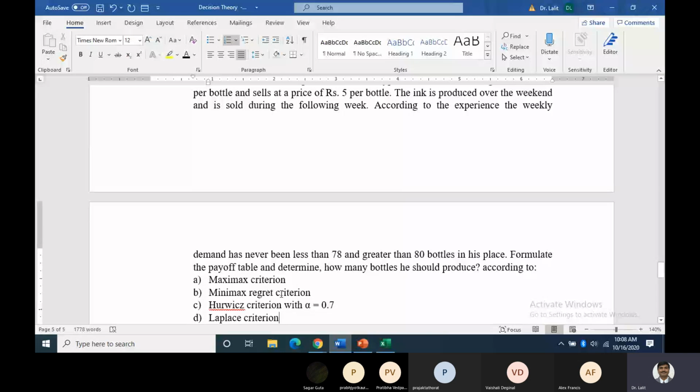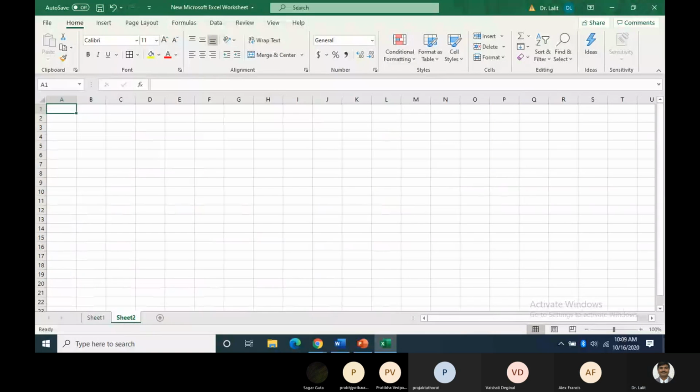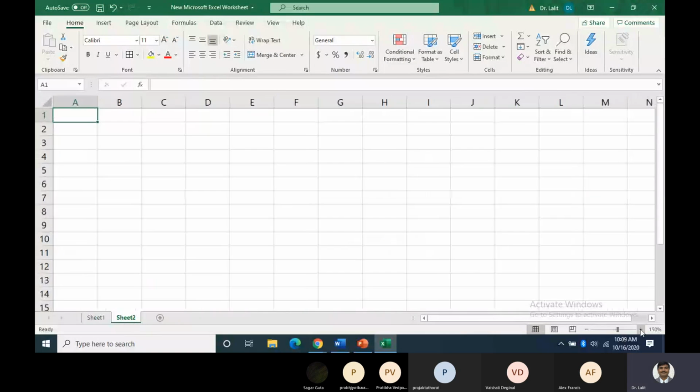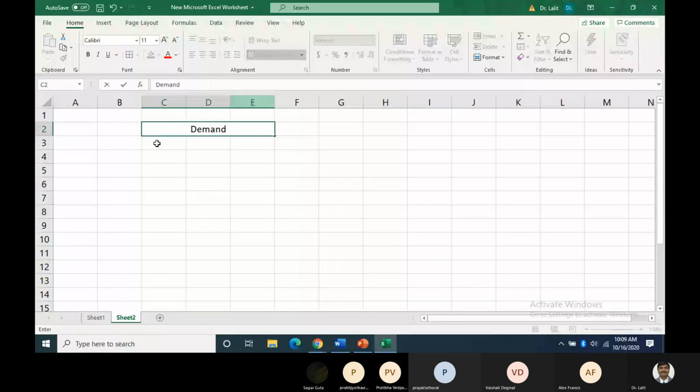So here first we have to generate payoff table. Okay, I'm going to open new sheet. Okay, now यहाँ पे state of nature क्या होंगे? State of nature is nothing but demand.